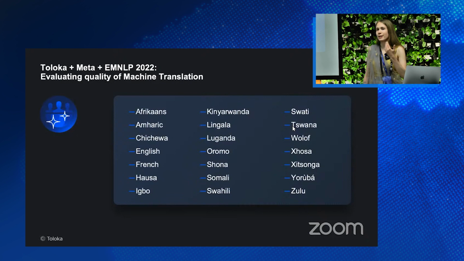So we were finding the crowd in Africa which was interested in doing the crowdsourcing work. And we managed to provide some data sets on this workshop. So in the resources, there are papers from this workshop. If you're interested, you can check them out.